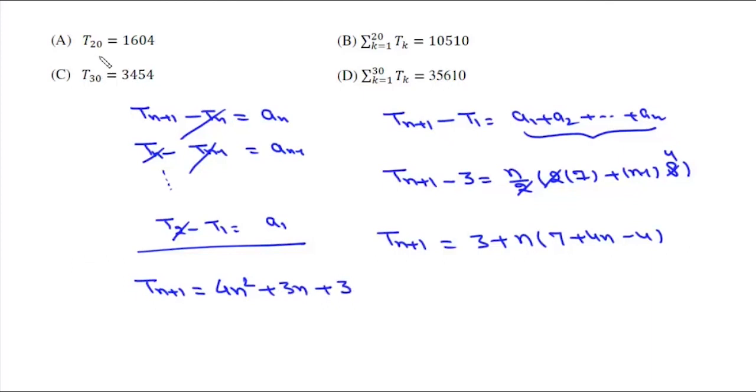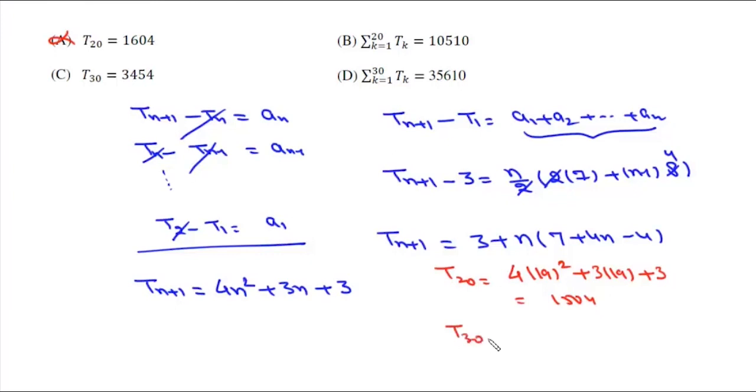Now first we'll find the value of T20 and T30. If we put n as 19, we'll get 4 into 19 square plus 3 into 19 plus 3. Now this value is 1504. That means this option A is incorrect.